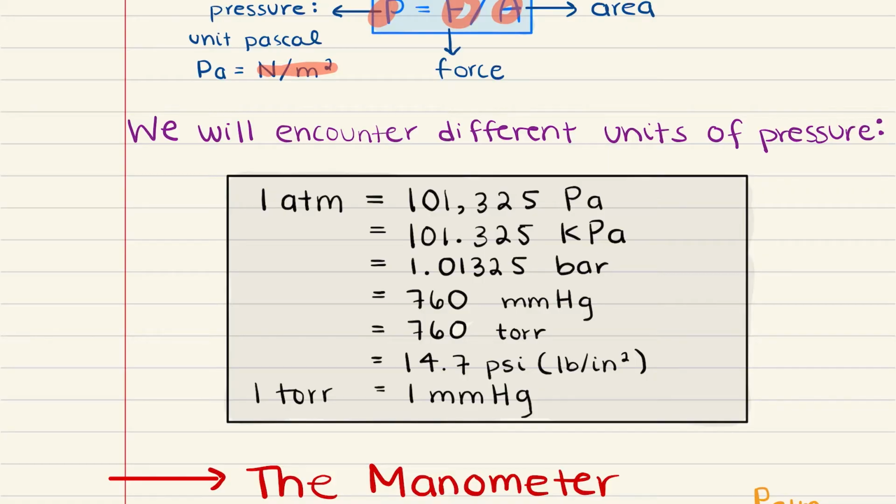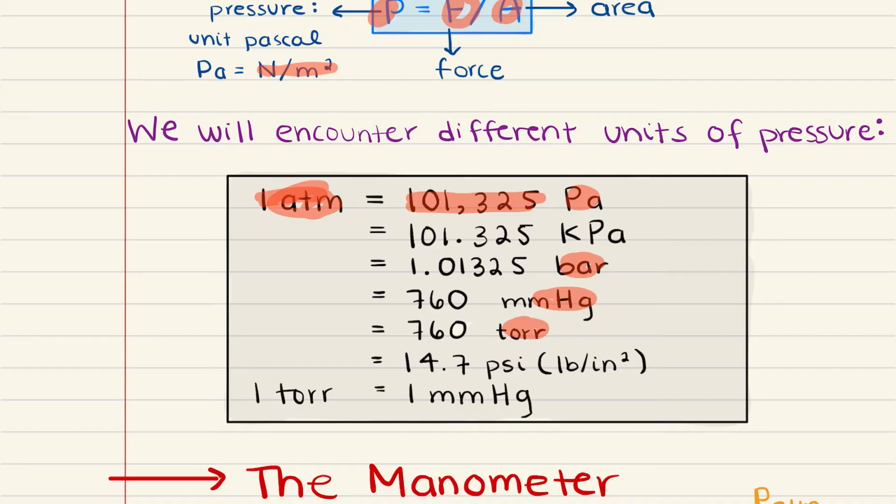Common units of pressure that we're going to encounter are pascal, bar, millimeters of mercury, torr, and the atmosphere. These are all really important units. 1 atmosphere is equal to 101,325 pascals.